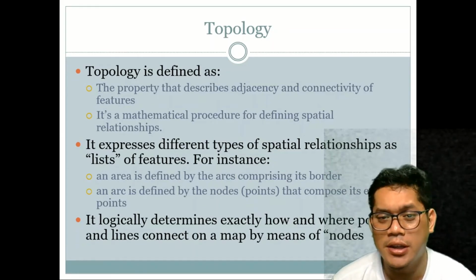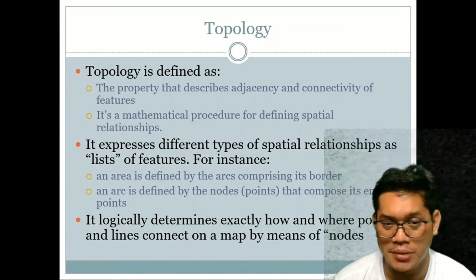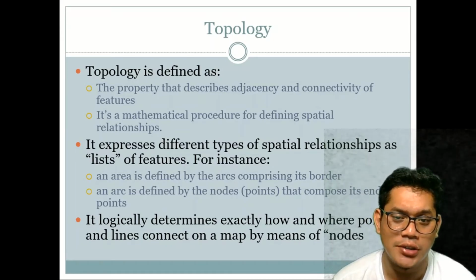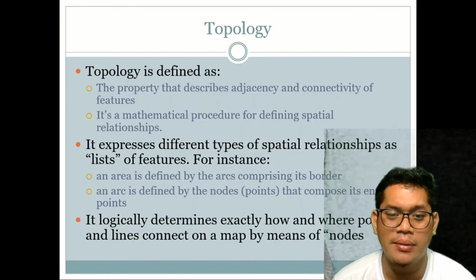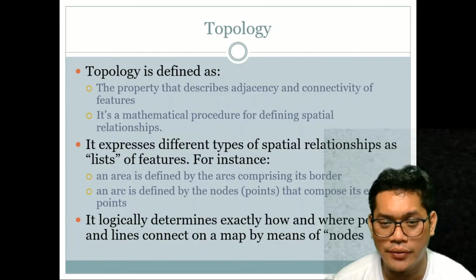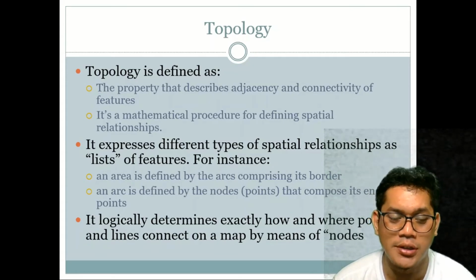Okay, and what is topology? Basically, it is a mathematical procedure to define the spatial relationship, where it expresses different types of spatial relationships, such as an area is defined by the lines comprising its border, and a line is defined by the points that compose its endpoints.